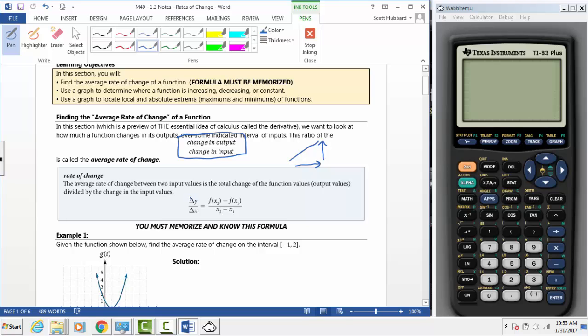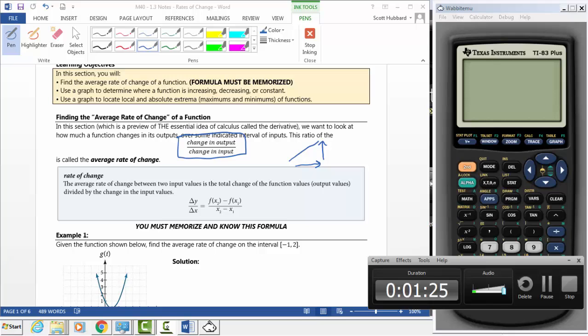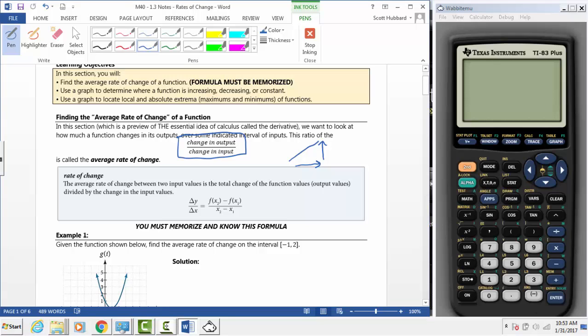It's called delta. Delta is a math and physics term that means change. So this delta y means let's calculate the difference in the outputs, the change, how far did it go up or down, divided by how far did it go left or right. Okay? All right. And so the way we do that with function notation is pretty simple.